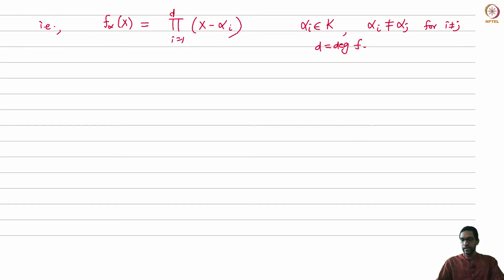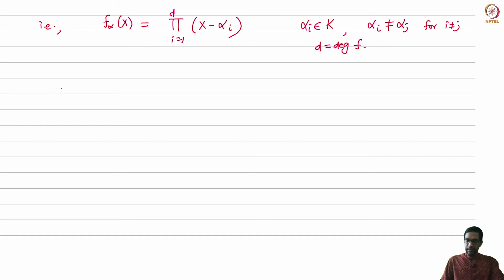So it splits completely and these roots are all distinct. That's what separability means, and splits completely is the normality of the extension. Now all we need to show is that the same is true when you think of K as an extension over E.